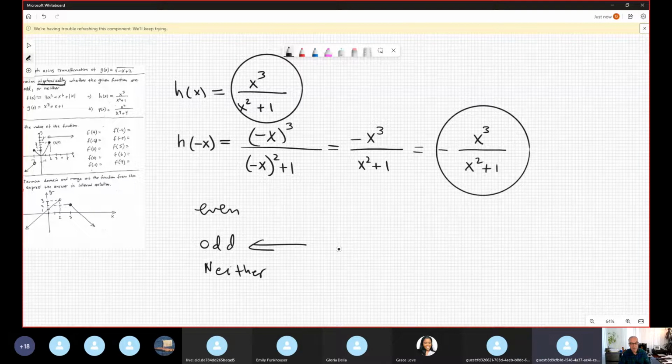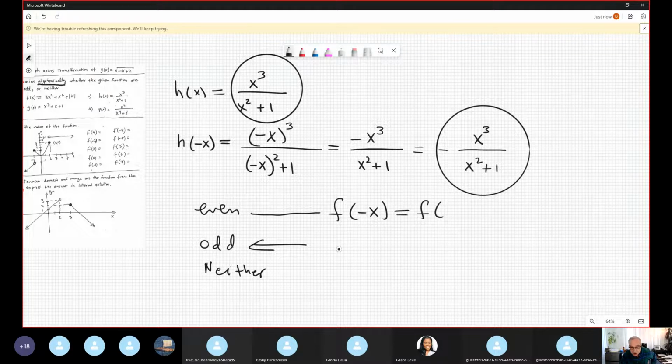Professor, how can you tell if they're odd or even or neither again? Repetition again for you, miss. Even is when the function after the reflection stays the same. Nothing changes. Look, in this case, something changes because you have an extra negative here, right? And odd is when you do the reflection, and suddenly, magically, you have an extra negative outside the function.